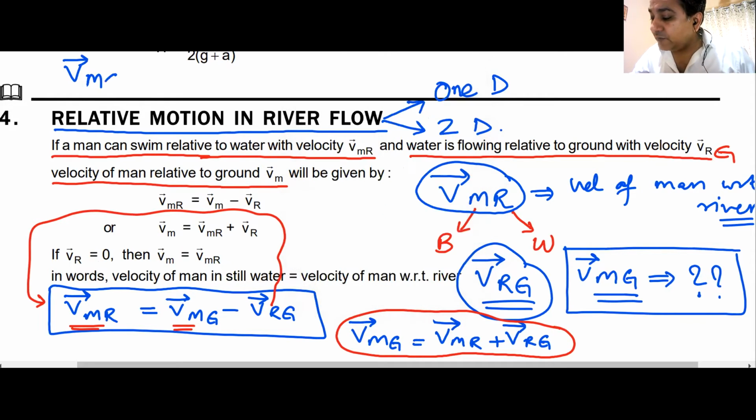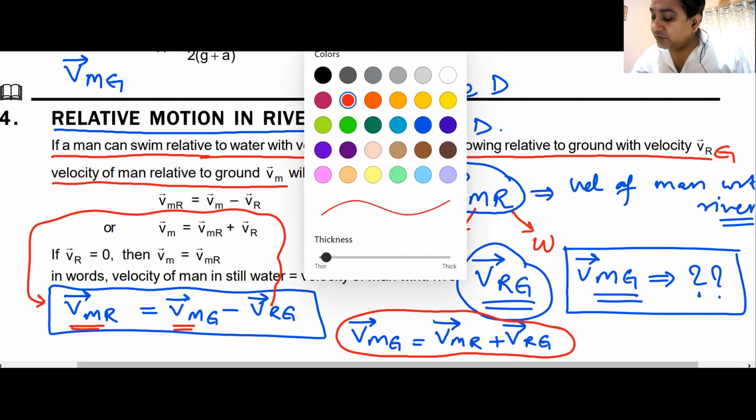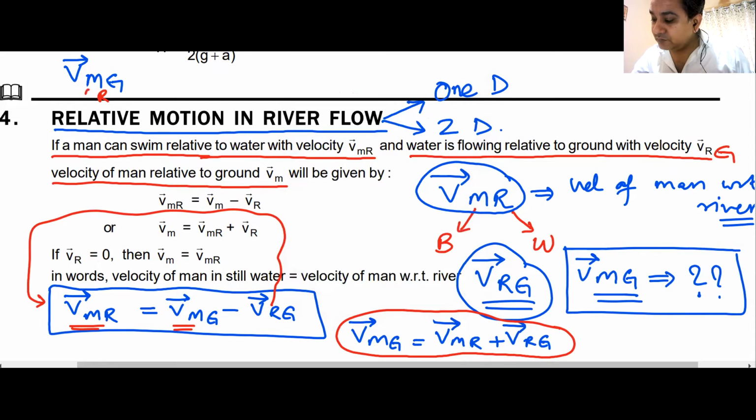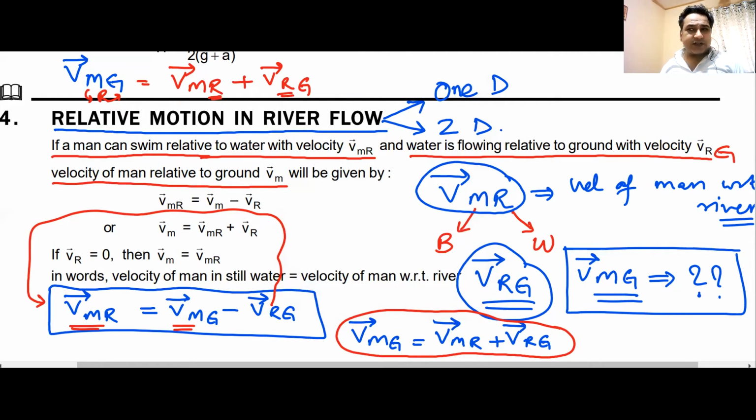When I had to find out the velocity of man with respect to ground, what I do is I put river in between. And then I write it like this. It will be velocity of man with respect to river plus velocity of river with respect to ground. This R and this R cancel. Do we remember this addition of vectors? So I've just used the same phenomena here. Using this, velocity of man with respect to ground is velocity of man with respect to river plus velocity of river with respect to ground.